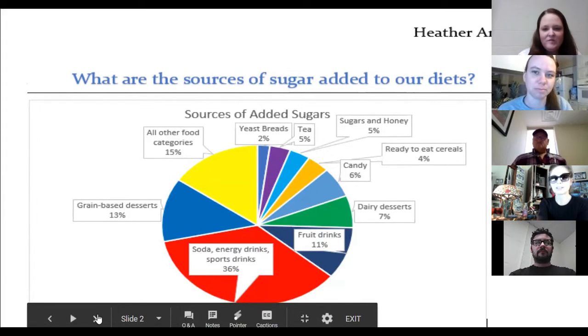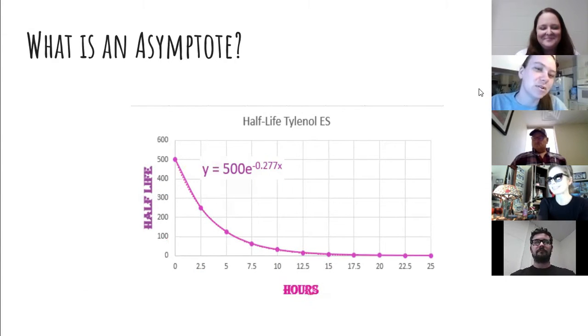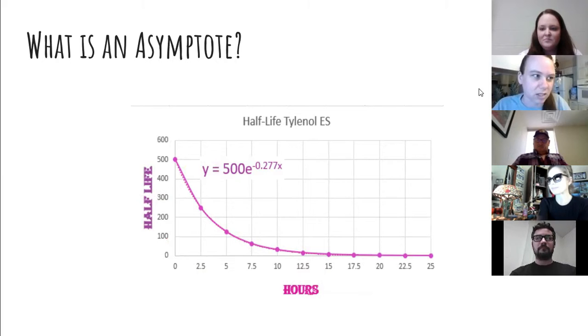All right, Deanna, what is an asymptote? An asymptote is a place on the graph where the data would be undefined, meaning it would never reach zero. It would never cross the axis. This is called a horizontal asymptote on the x-axis, meaning that a straight line is the limiting value of a curve, and can be considered as tangent at infinity.